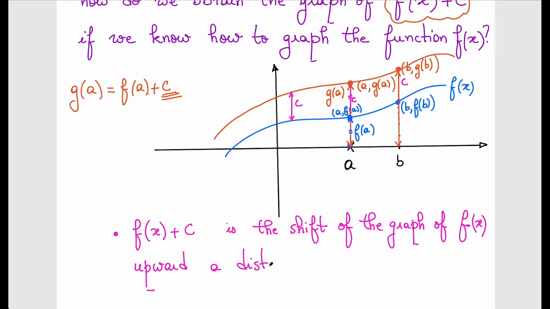At a distance of c units, correct? So this is the explanation here.